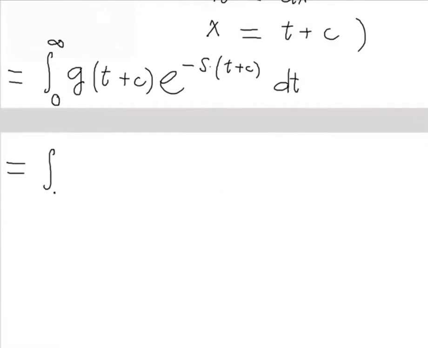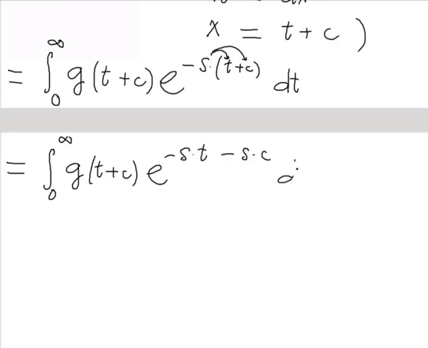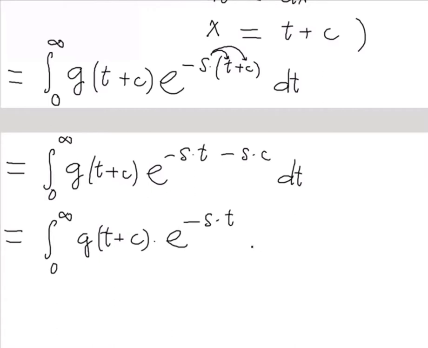Now we're going to do some algebra that distributes the s into the sum. We have e to the minus s times t, then minus s times c, dt. For the exponential function, we split it as e to the minus s times t times e to the minus s times c, dt.